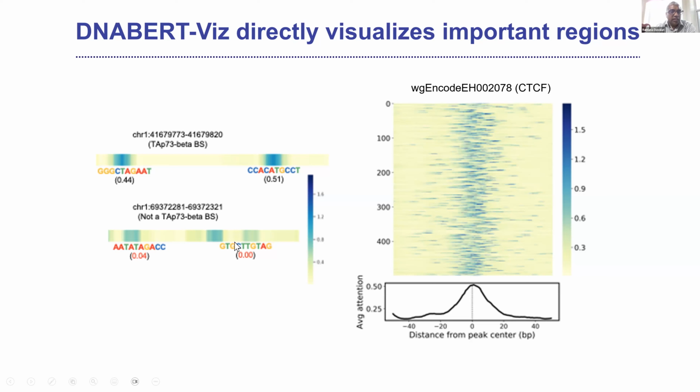Whereas DNABERT, predicting without taking any PWMs into account, actually predicts it as not a TF binding site. So DNABERT can take this kind of ChIP-seq data set, find the high attention regions, and do motif building, which actually overlaps with the known motifs.